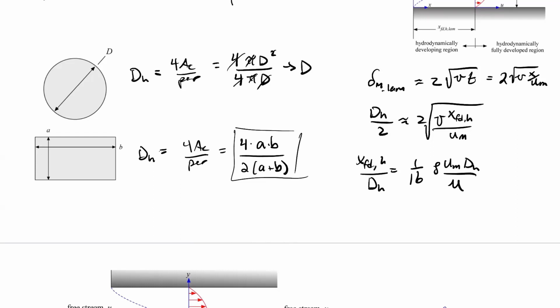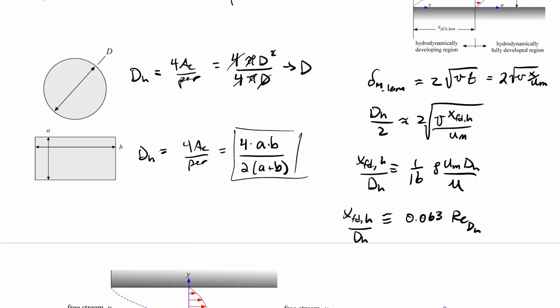And that gives us x_FD,h over the hydraulic diameter D_H is approximately equal to 0.063 times the Reynolds number in terms of our hydraulic diameter.